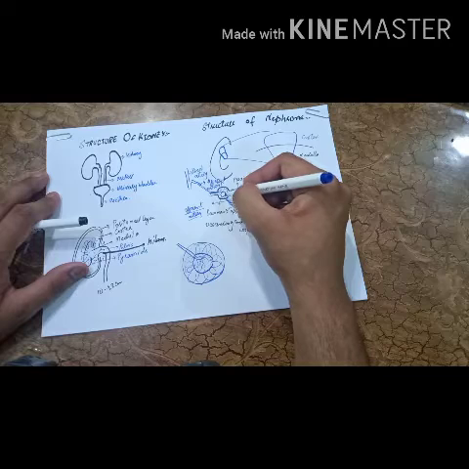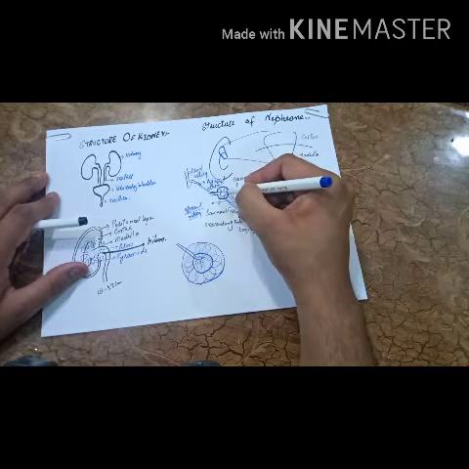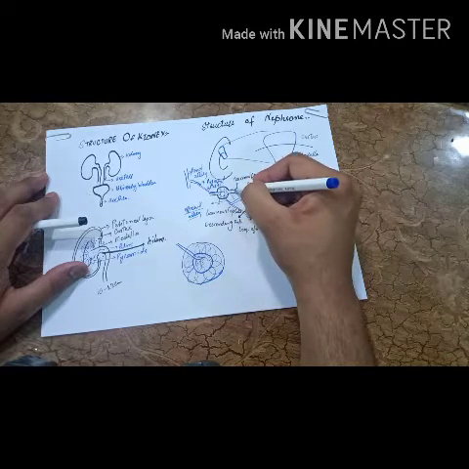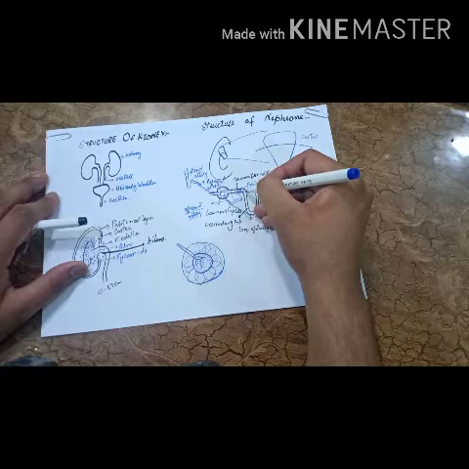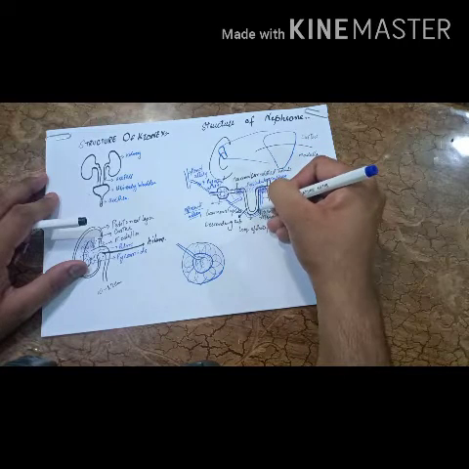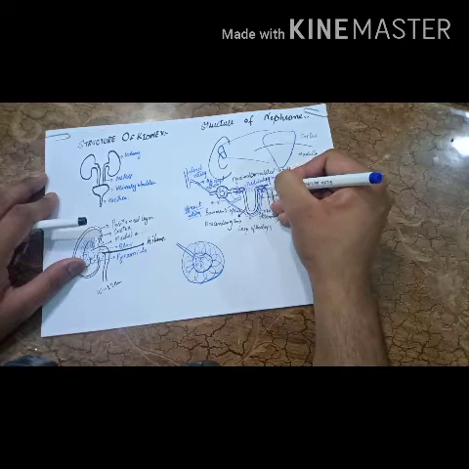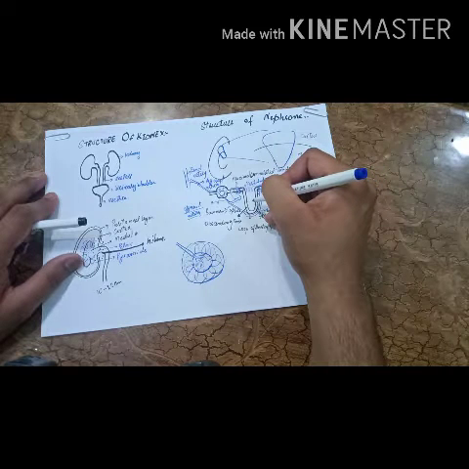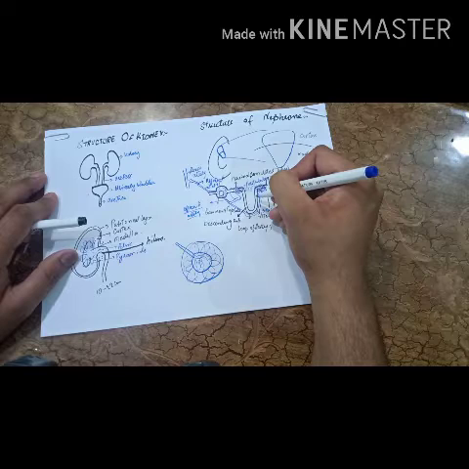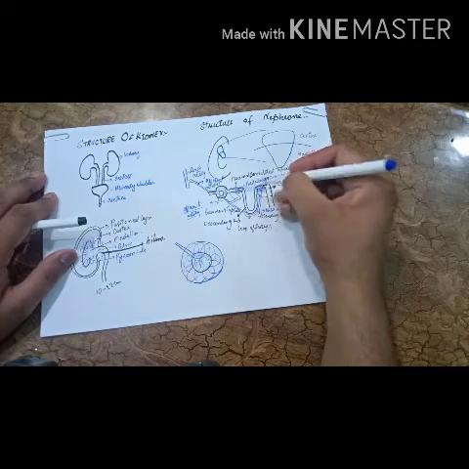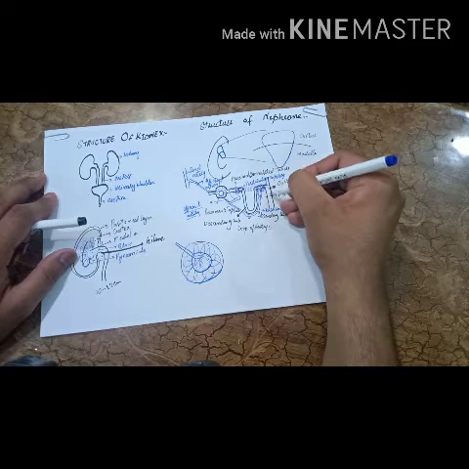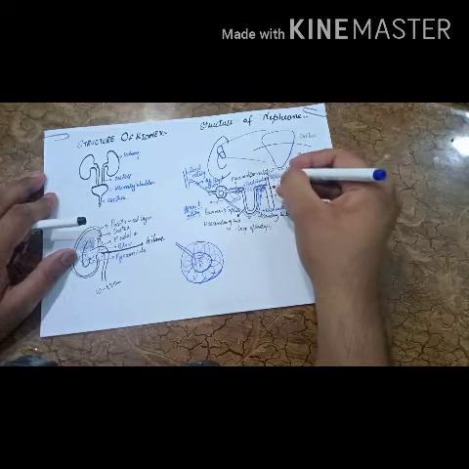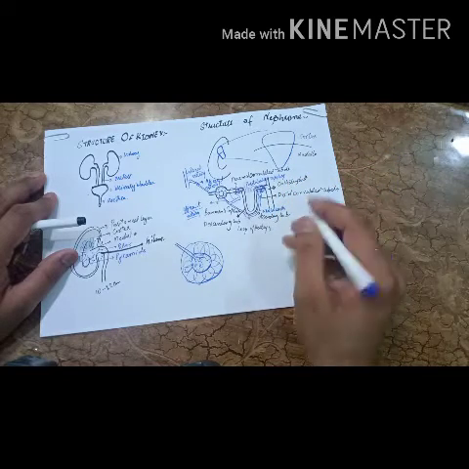And then thereafter, as this filtrate passes through the proximal convoluted tubule, descending limb of Henle, ascending limb of Henle, distal convoluted tubules, now the filtrate approximately becomes or turns into the urine. Now the urine is collected into the collecting duct. Collecting duct carries this urine into the pelvis.